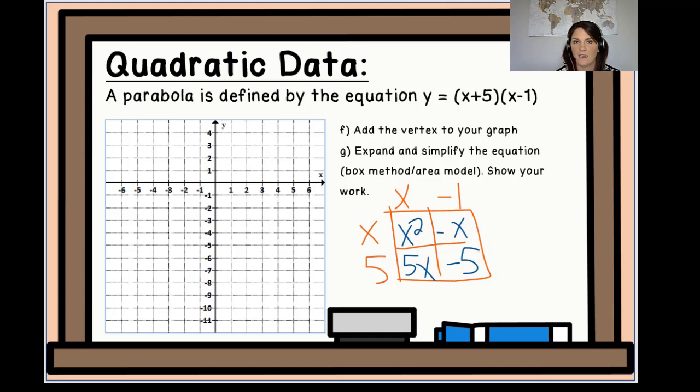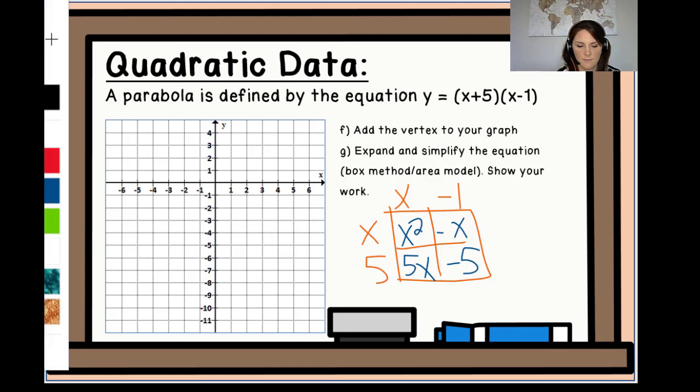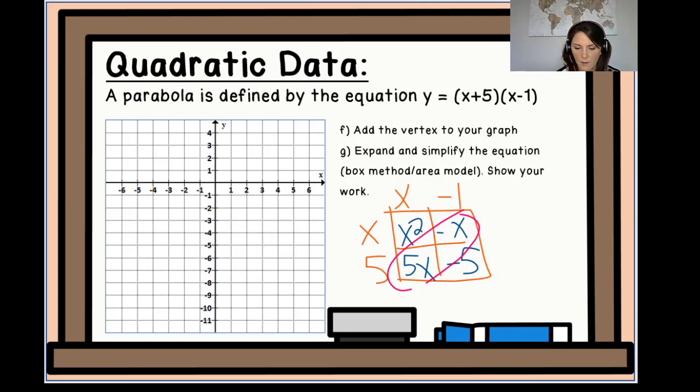Then we're going to combine our like terms, which are on the diagonal. So we get y equals x squared, and 5x minus x is 4x, and subtract 5. Okay, so that's part G.